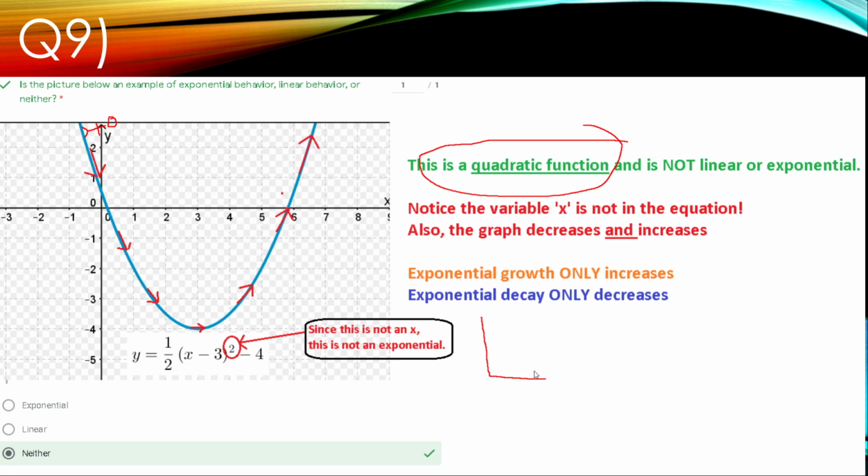We know exponential growth always went upwards. And exponential decay, we always saw that go downwards, decreasing, right? And linear, well, we've talked about this a lot. Linear graphs are straight.